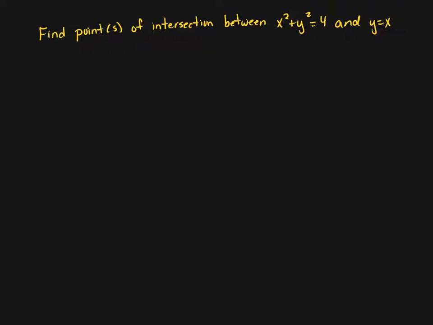Okay? Now, this is a system of equations because we're looking for the intersection of two graphs. When you have a system of equations and they're not linear, you're going to use the substitution method to solve these.